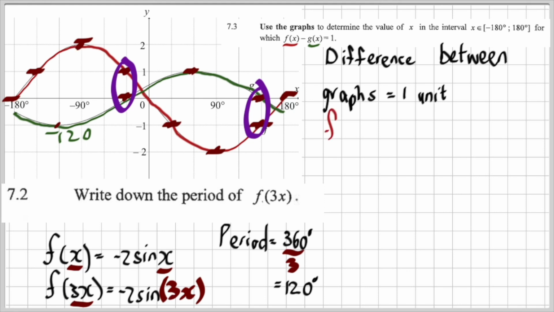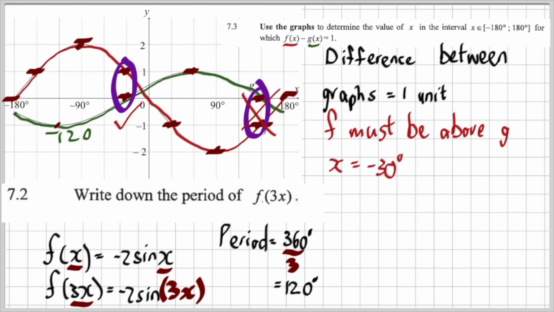But f must be above g because they tell you it's f(x) minus g(x) is 1. So there's only one place where f is above g and there's a difference of 1. What x value is that? x must be negative 30. As easy and as simple as that.